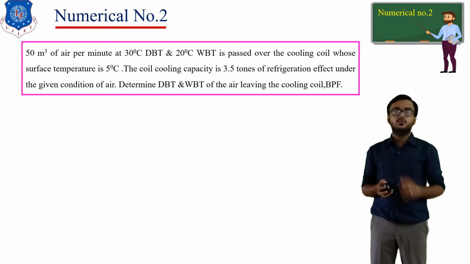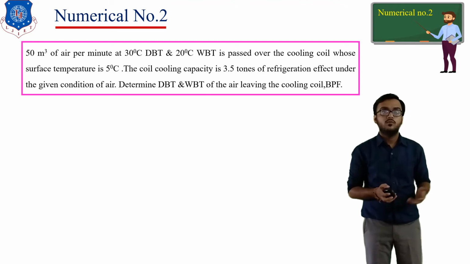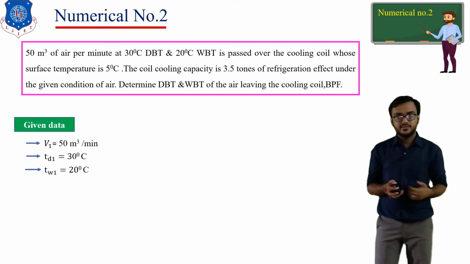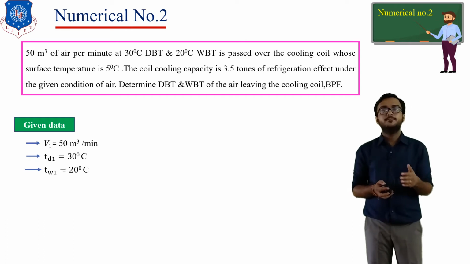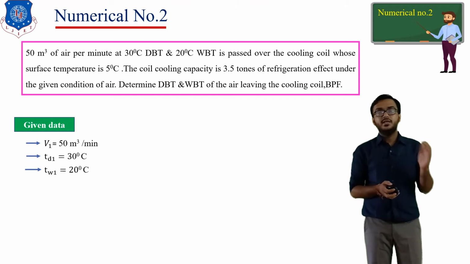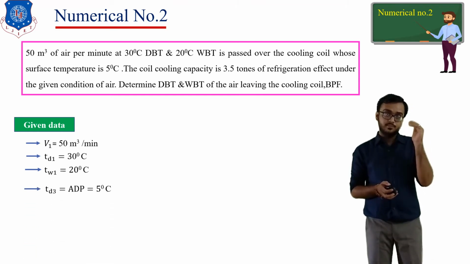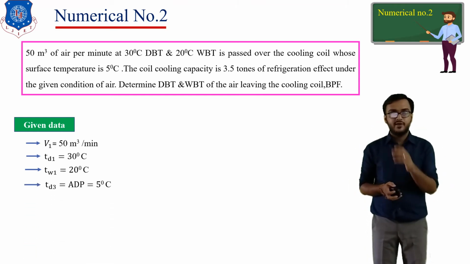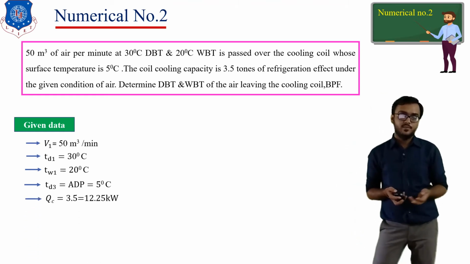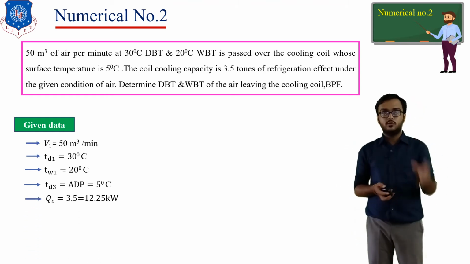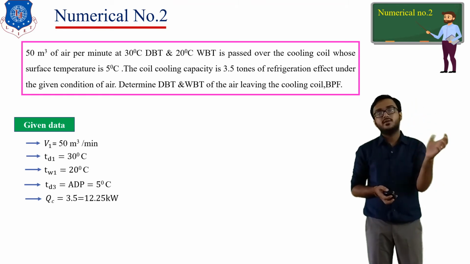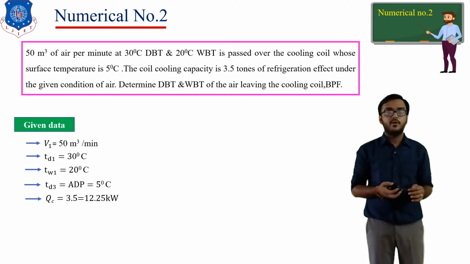In the given data, as I told you, we have volume flow rate V1 of 50 meter cube per minute, dry bulb temperature TD1 equal to 30 degrees, and wet bulb temperature of 20 degrees. T ADP, or simply ADP or TD3, is equal to 5 degrees. The cooling capacity of the plant is 3.5 tons, which is equal to 12.25 kilowatt.